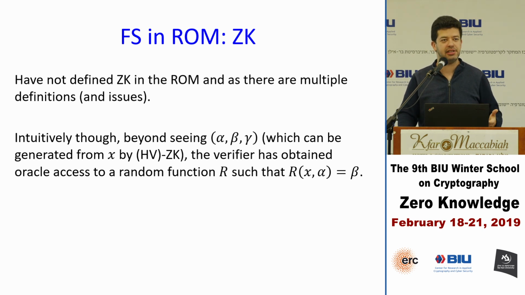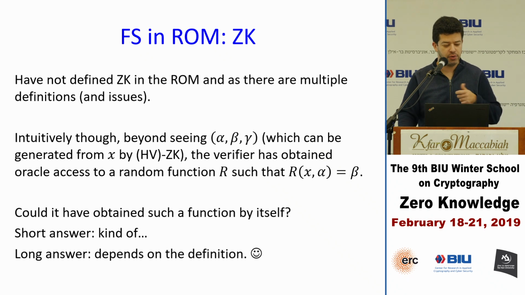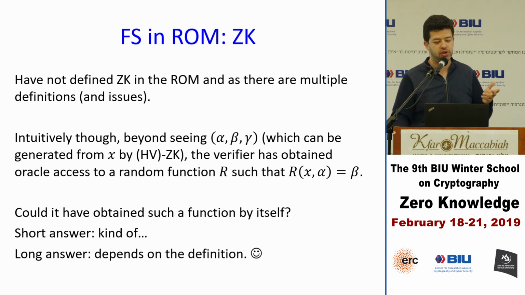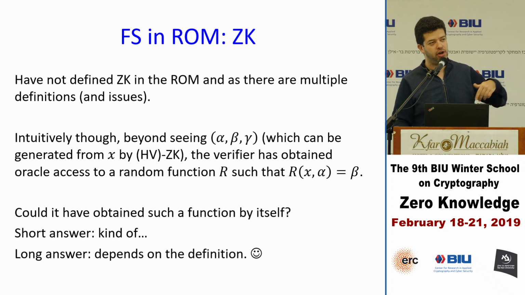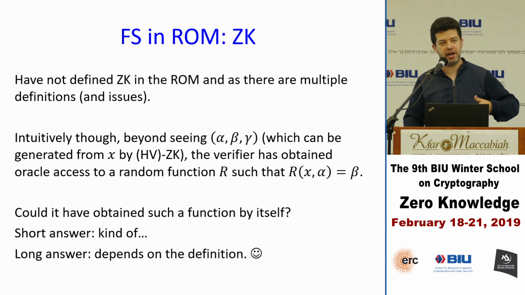But it certainly doesn't seem like there's any gross violation of zero knowledge. And can a verifier obtain such a function by itself? Well, unclear. The long answer is that it depends on the definition. I don't want to leave you hanging, so in a couple of slides we're going to get back to this point and give you a better explanation of why you shouldn't worry about zero knowledge when applying Fiat-Shamir.